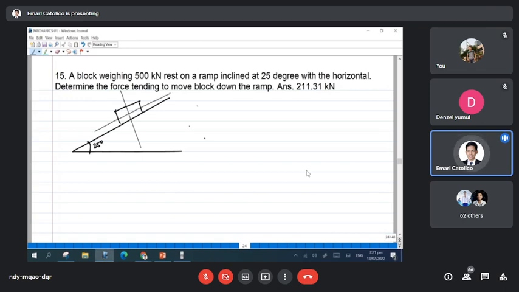Okay, so yung 500 kilonewton, naka-incline yan ng 25 degrees since yung angle nga nila ay parehas. So 500 kilonewton, ito yung 25 degree. Okay. Pababa yan ha. Bakit pataas nilagay?